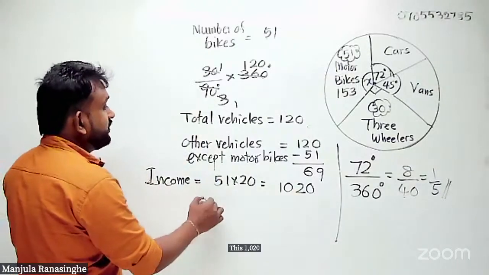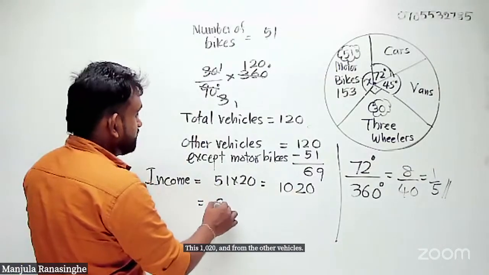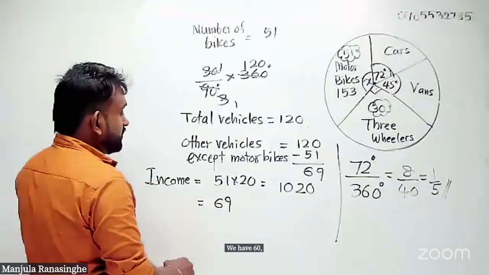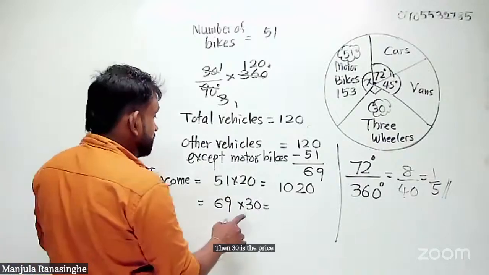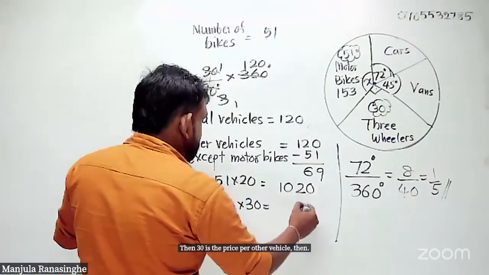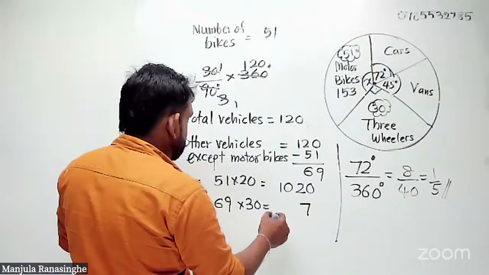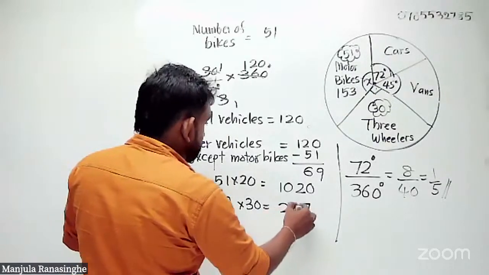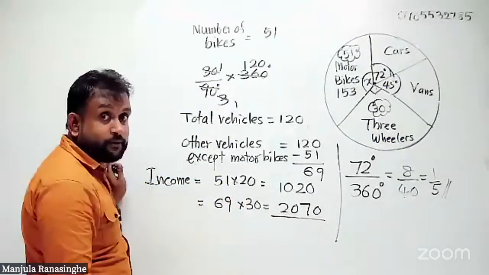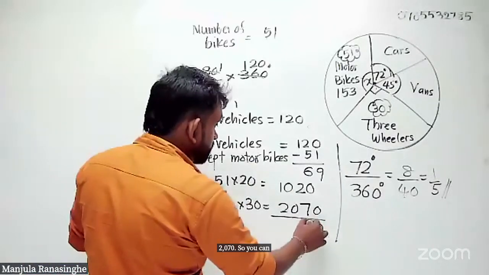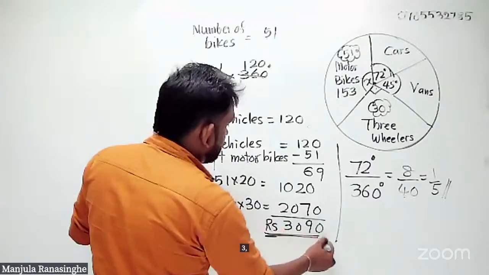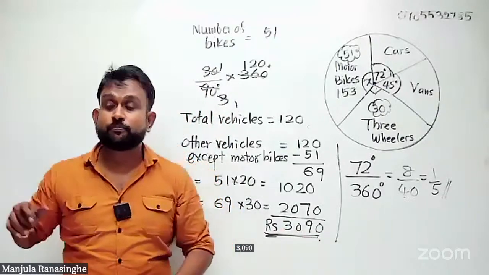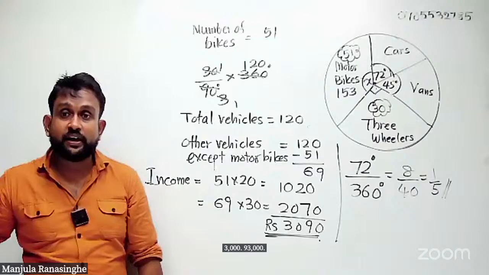From the other vehicles, we have 69 vehicles at 30 rupees each, which is 2070. So you can add up these two, and that gives you rupees 3090. That is the total income gained.